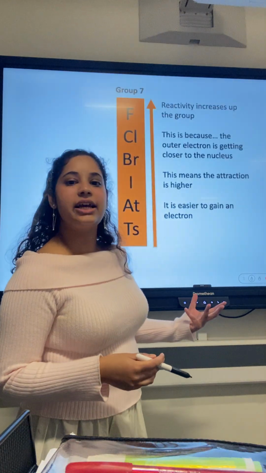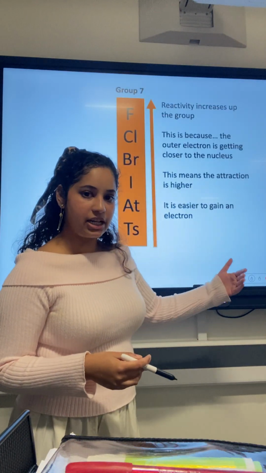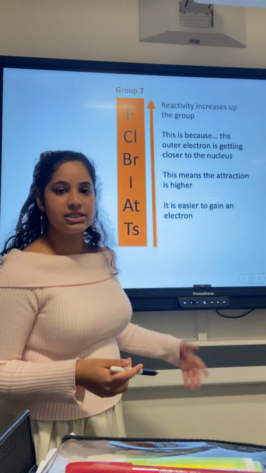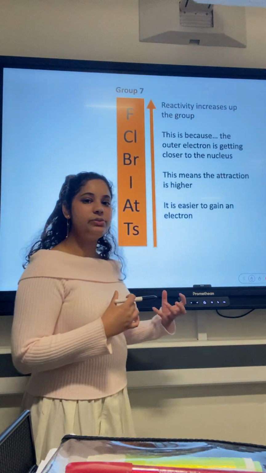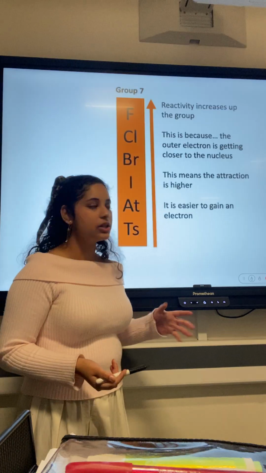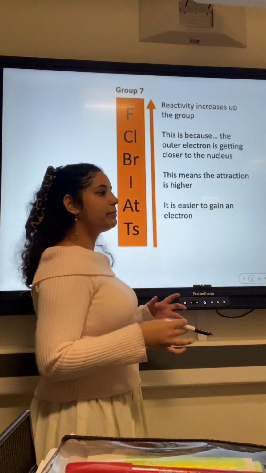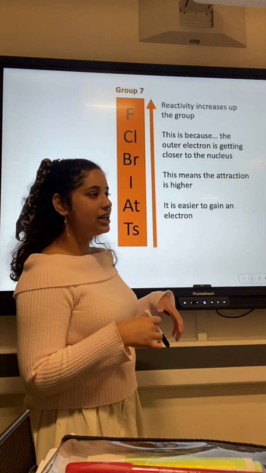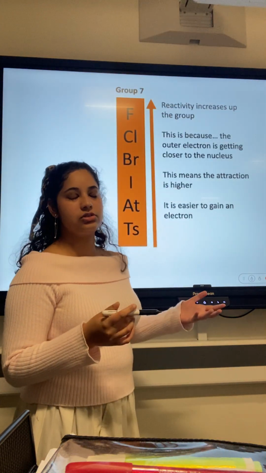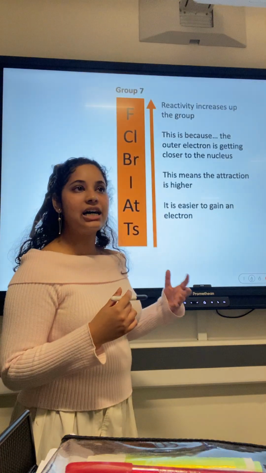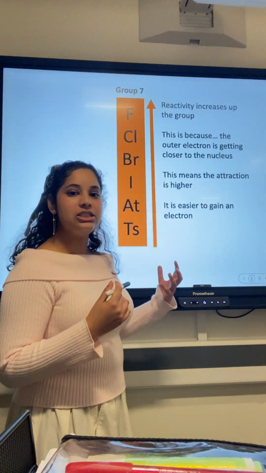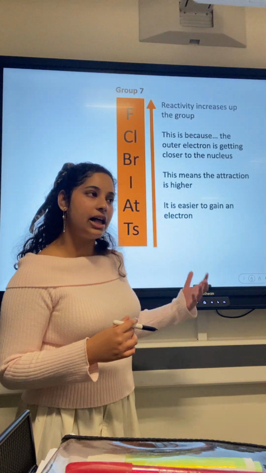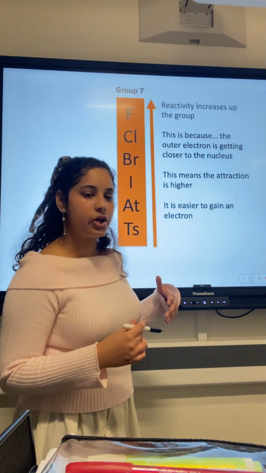When it gains an electron, it becomes a 1 minus ion, like Cl minus, F minus, Br minus, etc. It has to form the ion first before it can react. So we need to think about how easy it is for a halogen to gain an electron, and the factors that affect that.